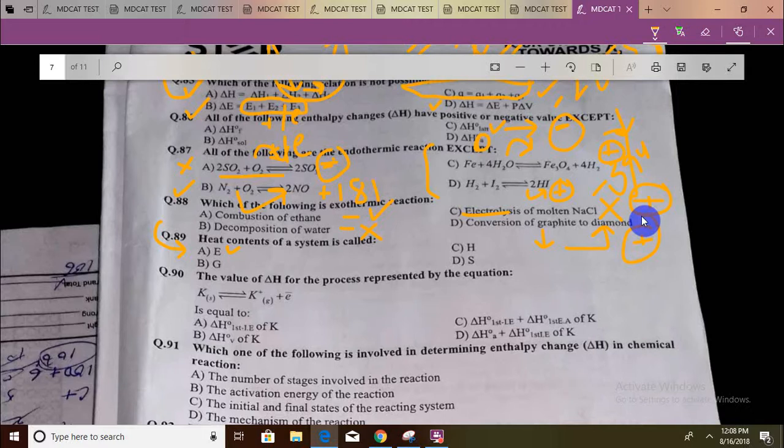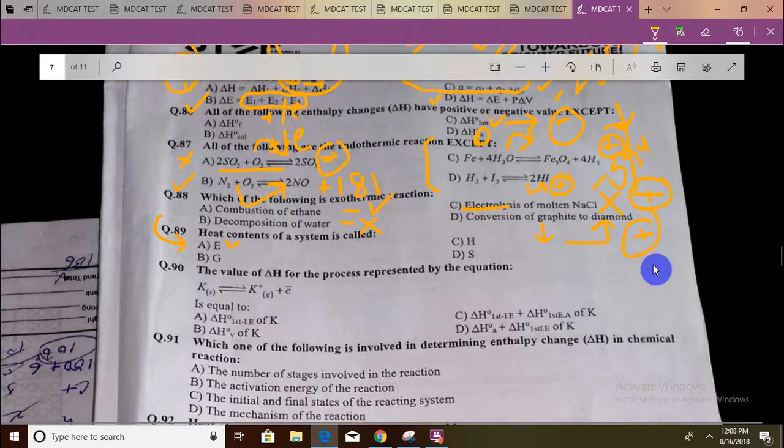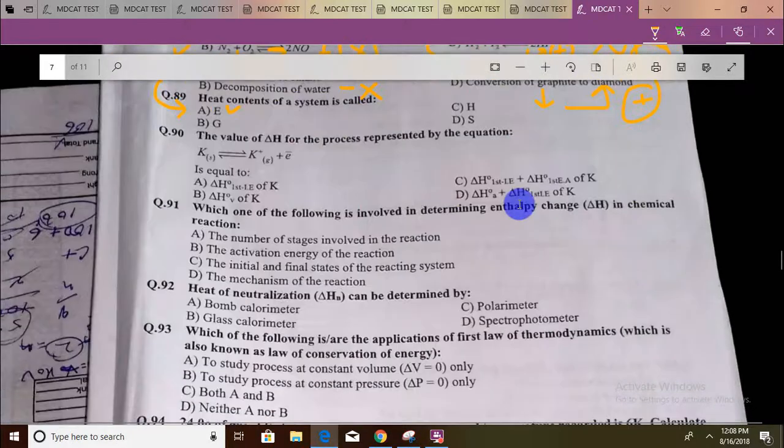They've given the delta H for graphite as being minus 93.7. So the value of delta H for the process represented by the equation is equal to the first ionization of K? No, because for that it would have to be in the gaseous state. The first ionization plus the first electron affinity?